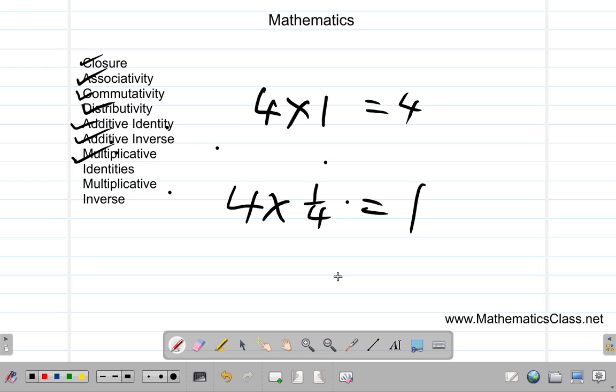That's what we normally call the reciprocal, but really it is the multiplicative inverse you are talking about. So the multiplicative inverse of x is 1 over x.